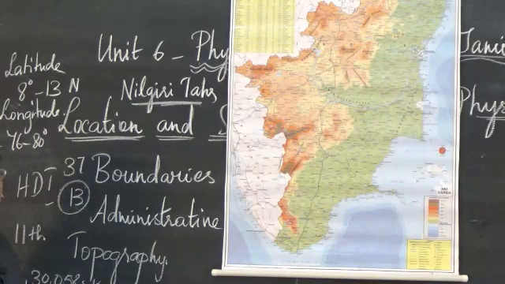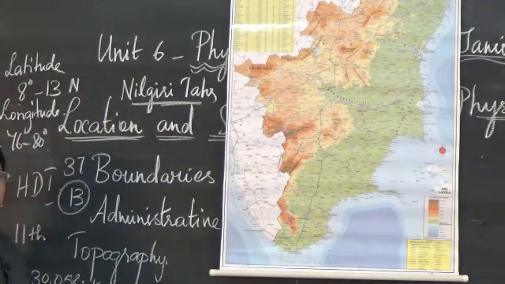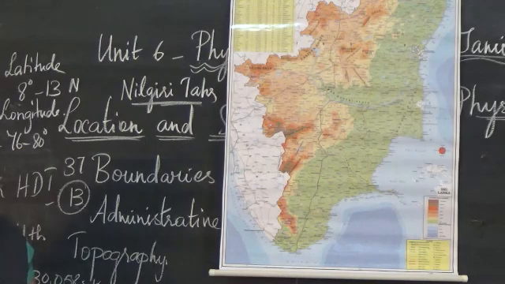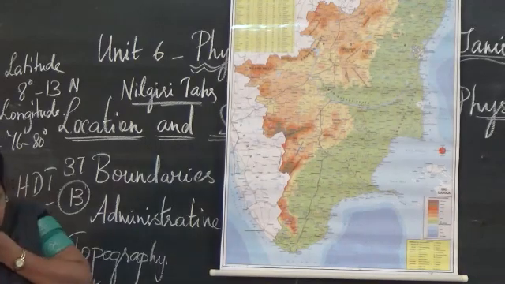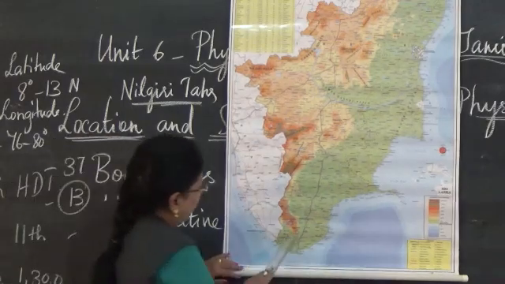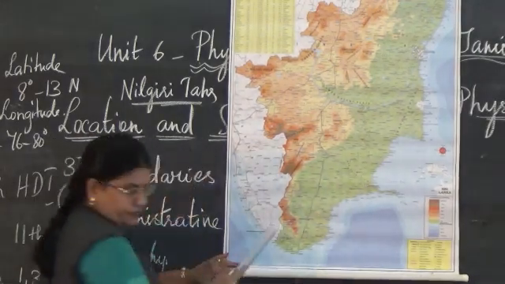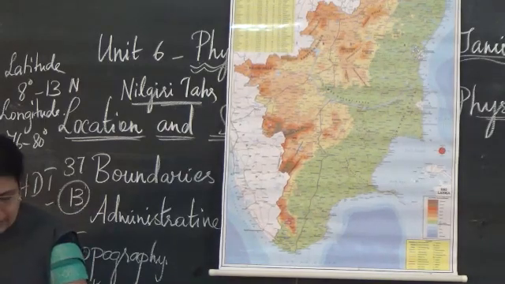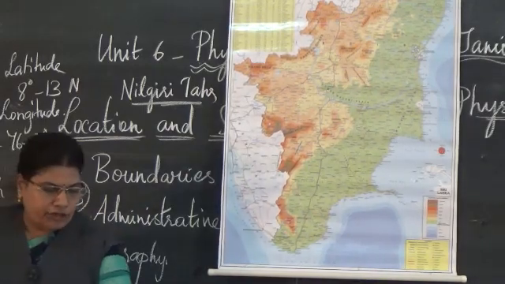What are evergreen forests? Throughout the year, they don't shed their leaves and they are always evergreen. Mahendragiri Hills is a continuous range situated near the border of Kanyakumari. Its average height is 1645 meters.